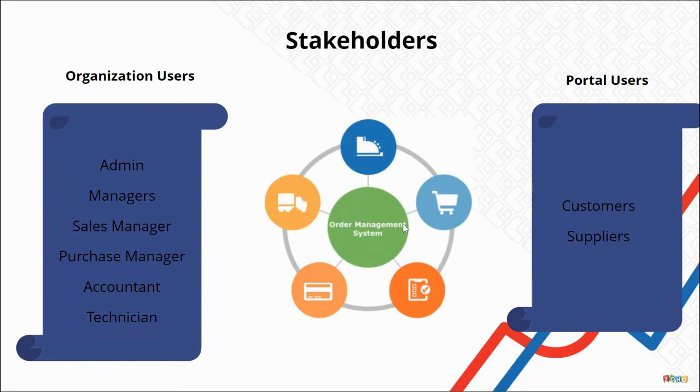Within the organization, you would have the salesperson, purchase manager, accountant, or a technician who would have access to the application or the Zoho Creator account. We call them organization users.